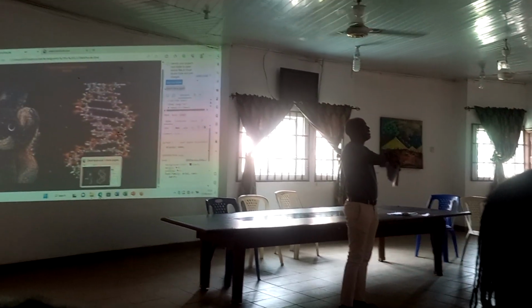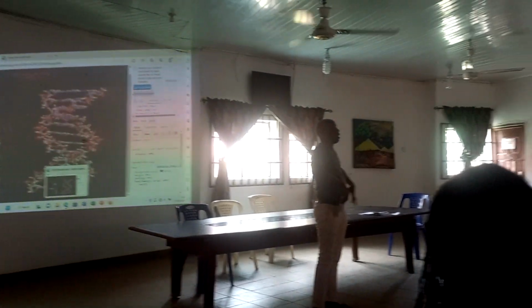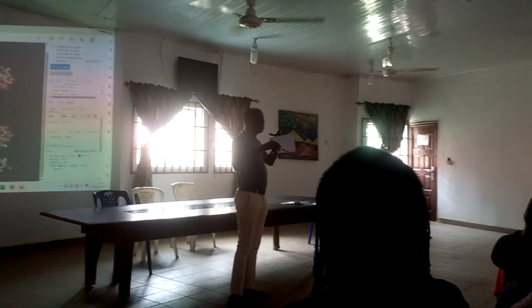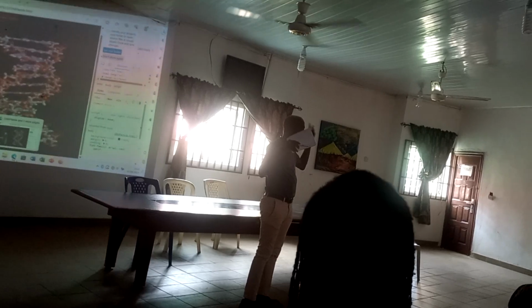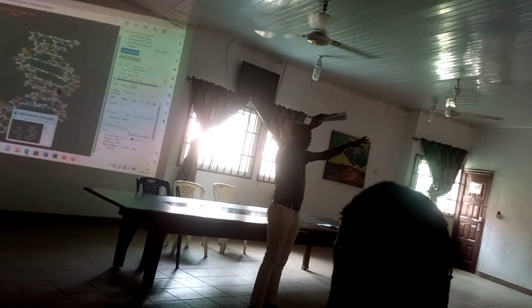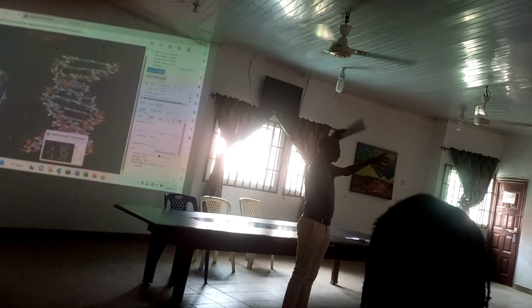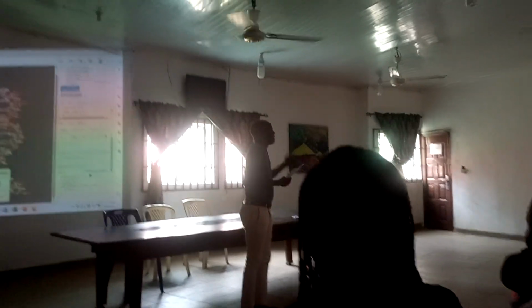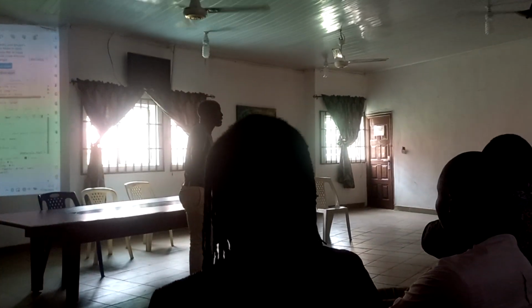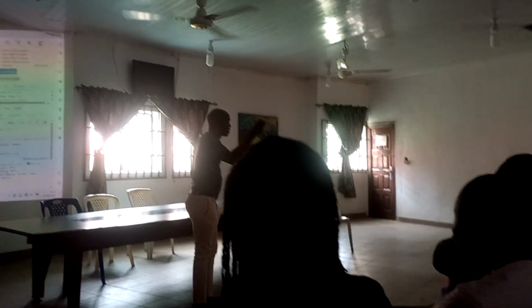Whatever data is on the internet, they apply artificial neural networks, convolution neural networks, deep thinking and machine learning. They fetch those data and store them in the biggest database.